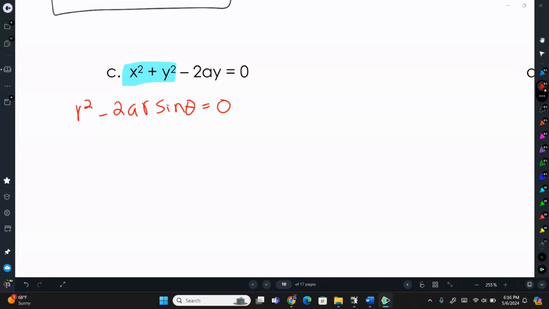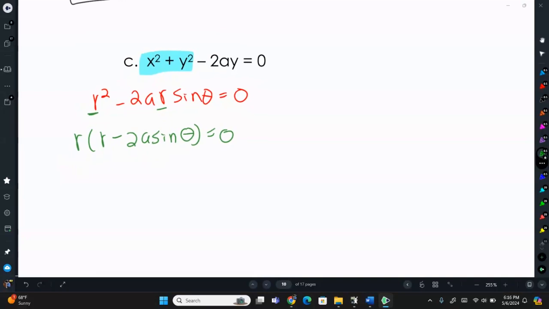So we can factor out an r because both terms have an r. We have r squared and r to the first power. So r, and then we're left with r minus 2a sine theta equals 0.